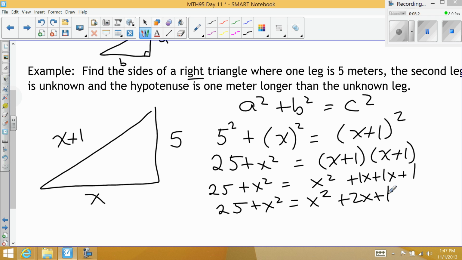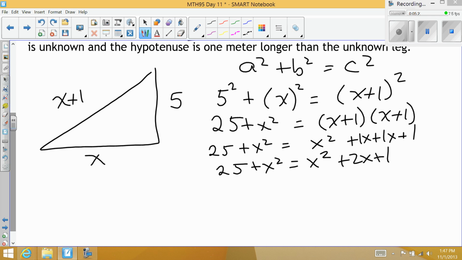And I'm wondering if you see what I see. When I gather like terms and get everything on one side of the equation, since I have an x squared over here and an x squared over here, these are going to cancel each other out. And I'm not going to have a quadratic equation. This one actually solves out pretty nicely for us. Getting everything on one side, I'll subtract 25 and subtract x squared from both sides.